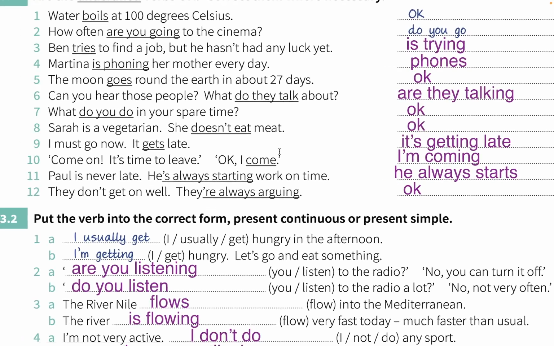Because if we ask what are you doing in your spare time, it's actually are you doing is something that you ask a person at the time of speaking. Like what are you doing at the moment, meaning when someone is doing something. But this you just want information. What do you do in your spare time? Like what do they usually do?